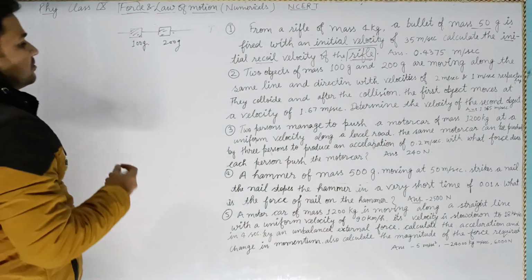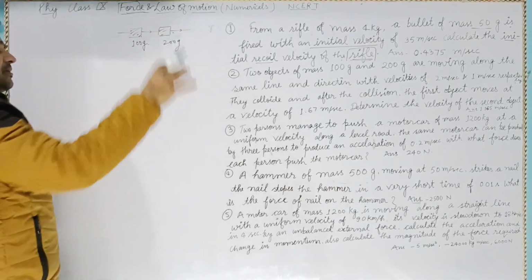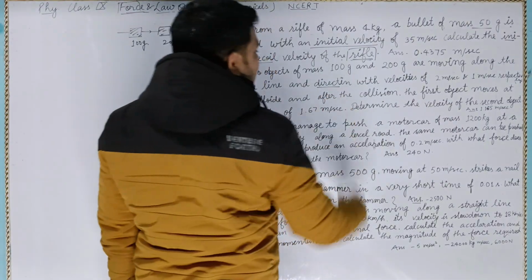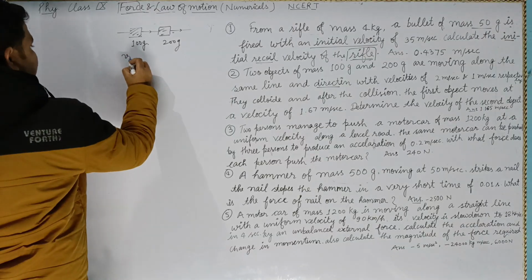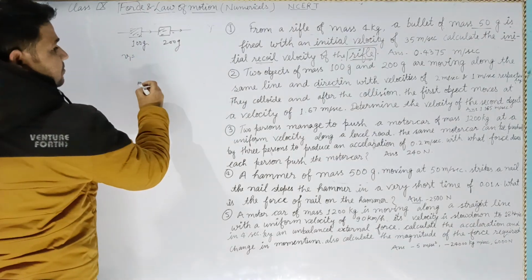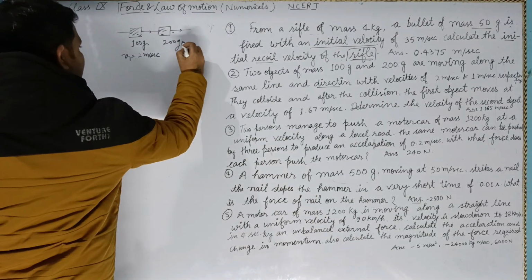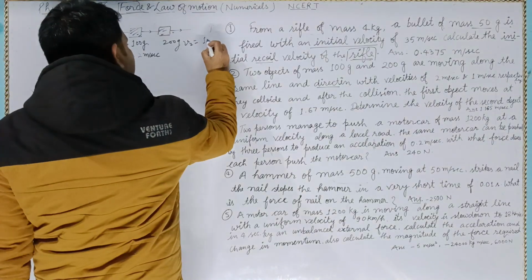Two objects are moving along the same line and in the same direction, with velocities of v1 equal to 2 meters per second and v2 equal to 1 meter per second respectively.